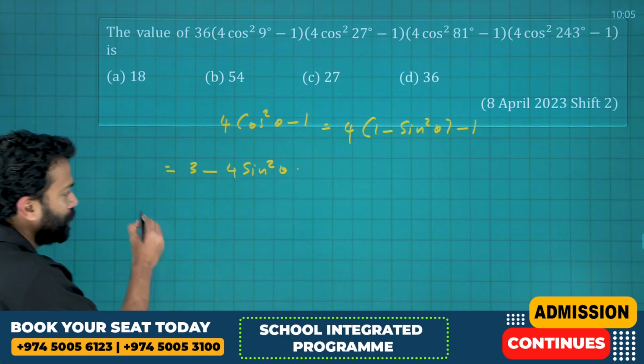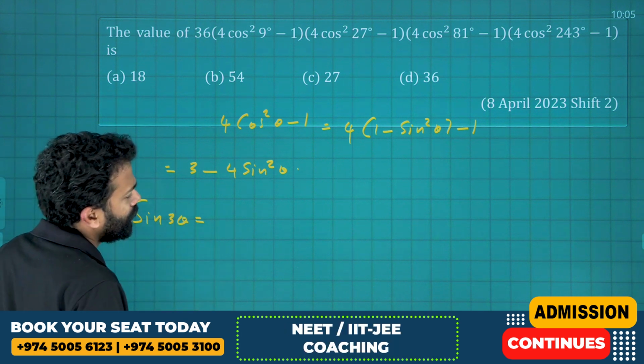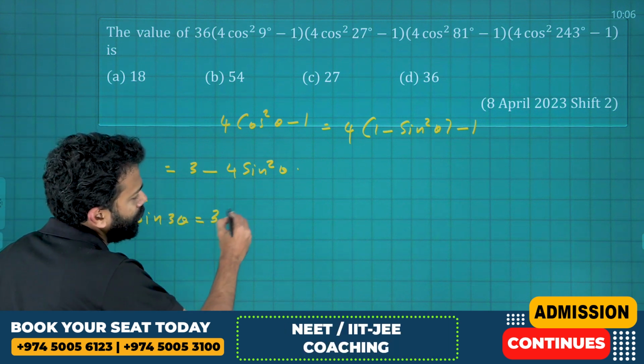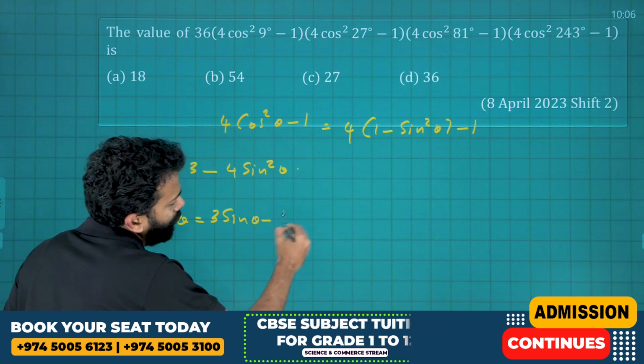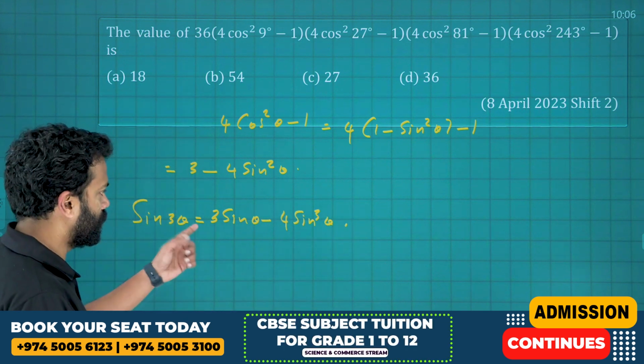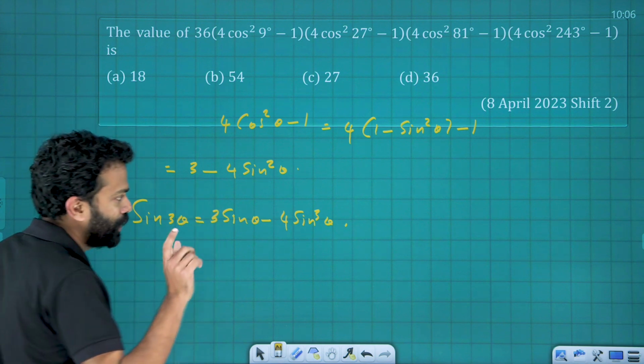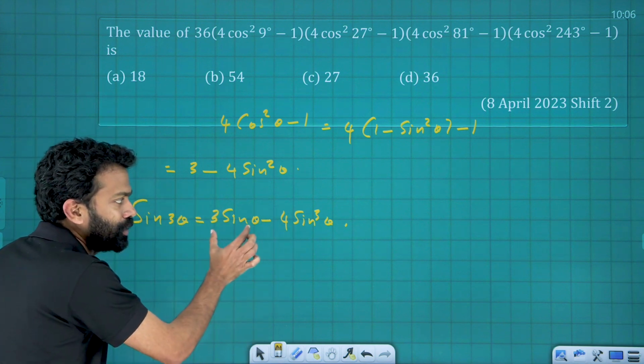For that, I will introduce a familiar formula. What is sine 3 theta? Sine 3 theta is equal to 3 sine theta minus 4 sine cube theta. Now tell me, have you seen this anywhere? What you should do is take sine theta as common.